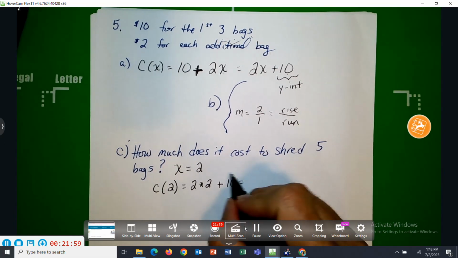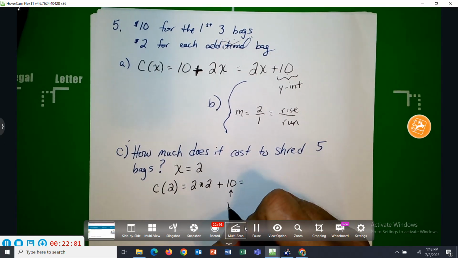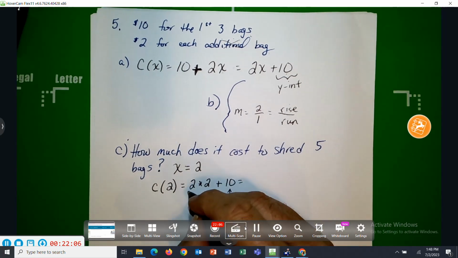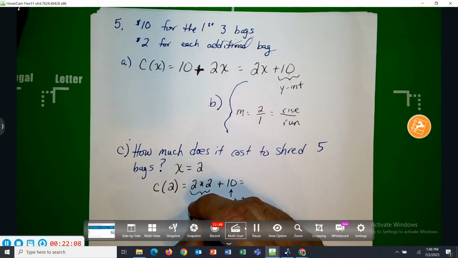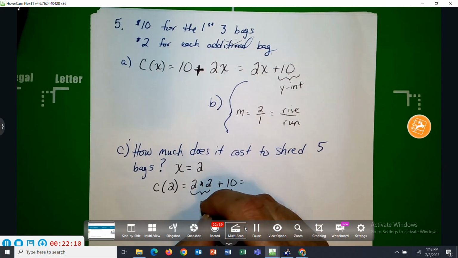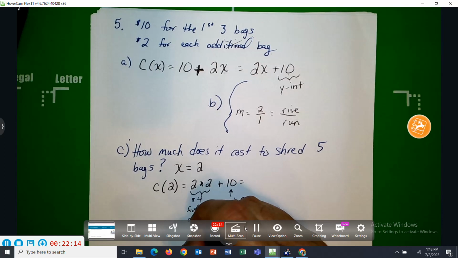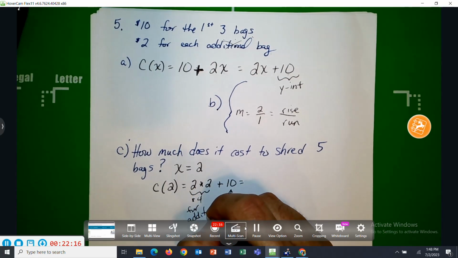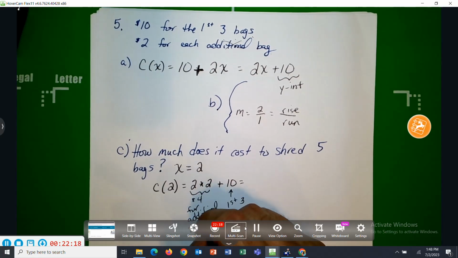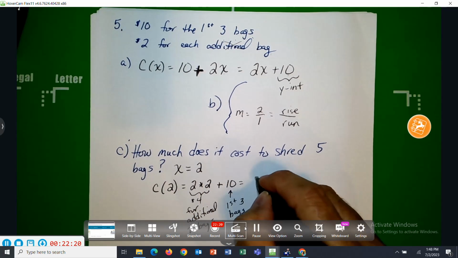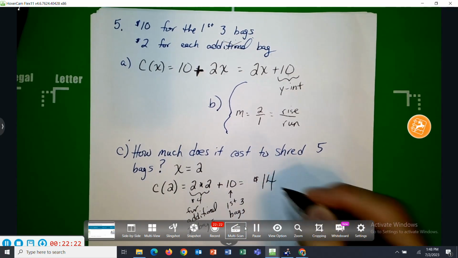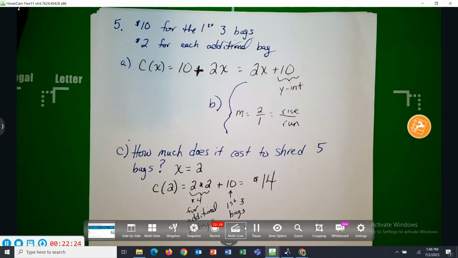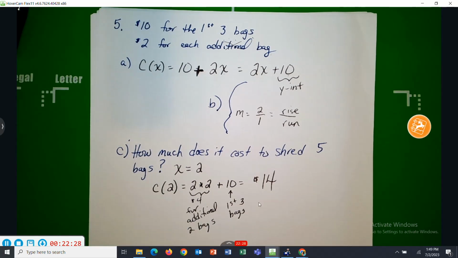So $10 for the first 3 bags. How much for the other 2? $4 for the additional 2 bags. All of that to say it's going to cost $14. I should have gotten rid of that.